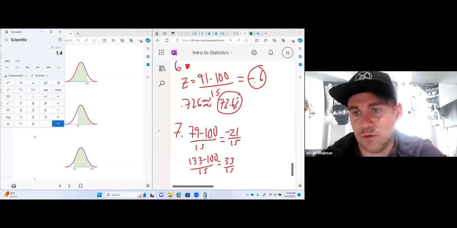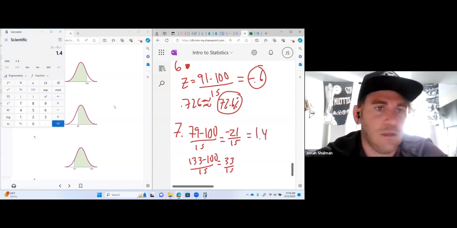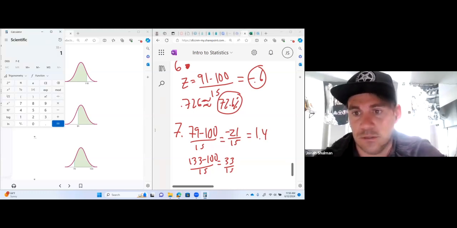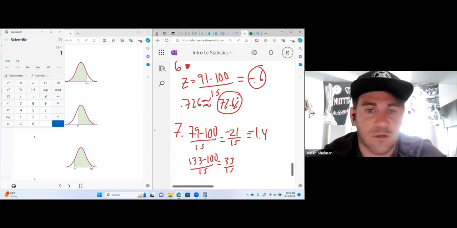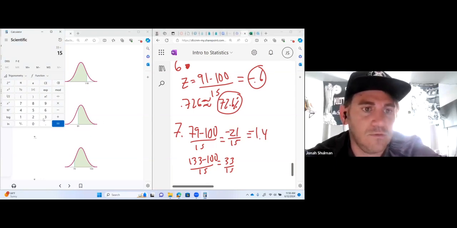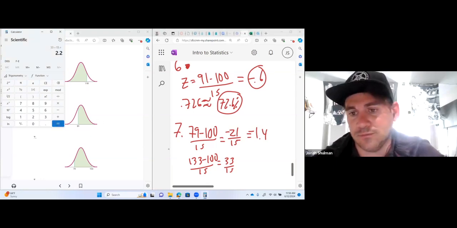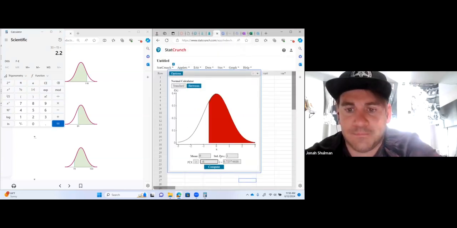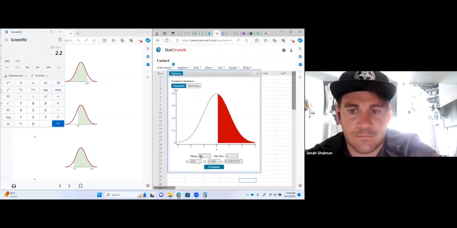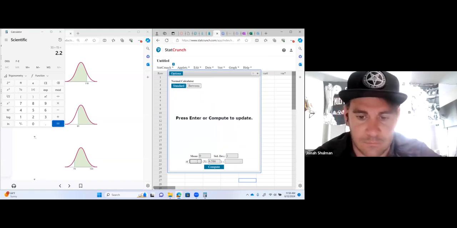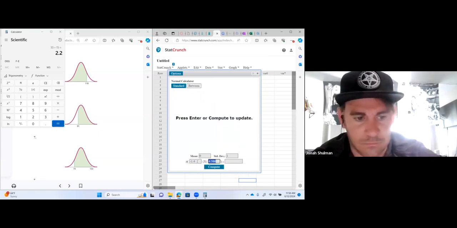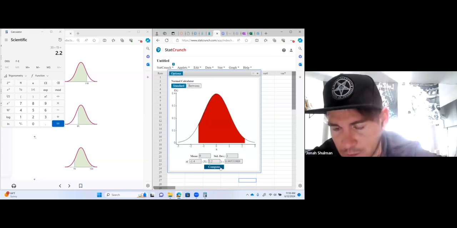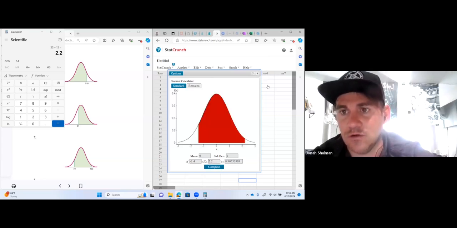So our low one's negative 1.4, and our high one is 2.2. Should be almost everything. Yep, 90.5 or 0.905.